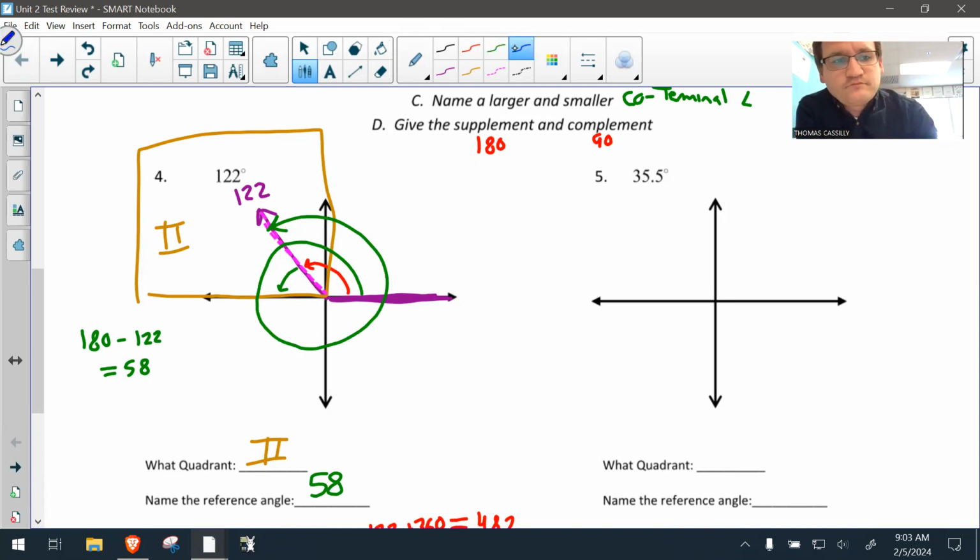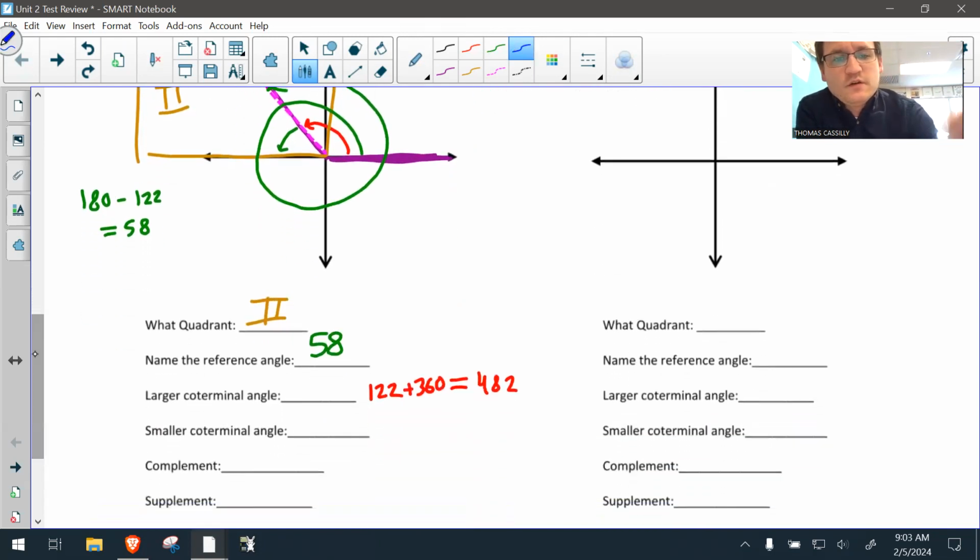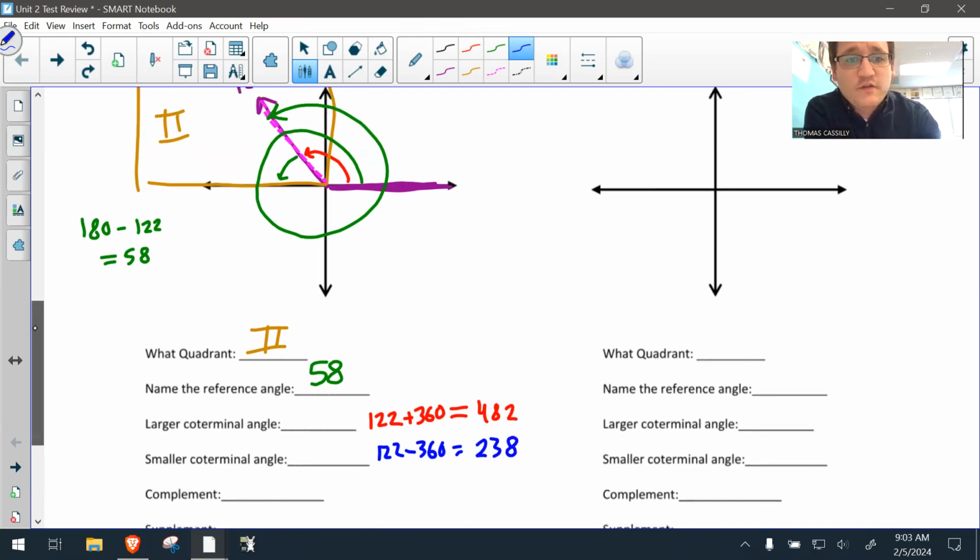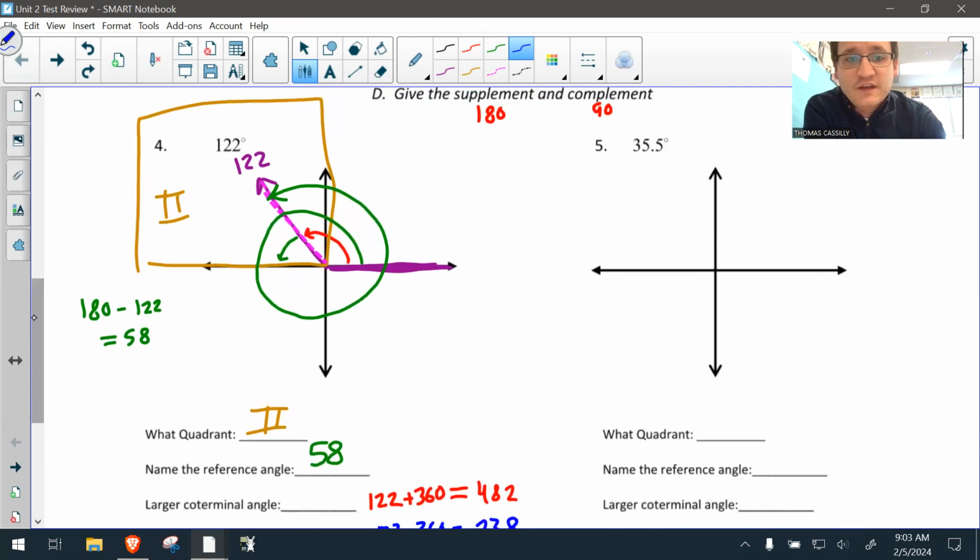Now, the other one says a smaller coterminal angle. So what we have to do here is take our angle, 122, and subtract 360. That should give us, I want to say, negative 238. You might have to double check me on that, but I think it's negative 238. So starting at the initial side, we're just going clockwise.